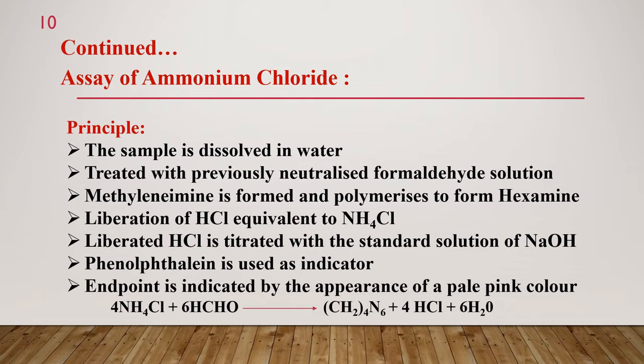Methylamine is formed which further polymerizes to hexamine and results in the quantitative liberation of hydrochloric acid, which is equivalent to ammonium chloride. The liberated hydrochloric acid is titrated with the standard solution of sodium hydroxide using phenolphthalein as an indicator. Endpoint is indicated by the appearance of a pale pink color.